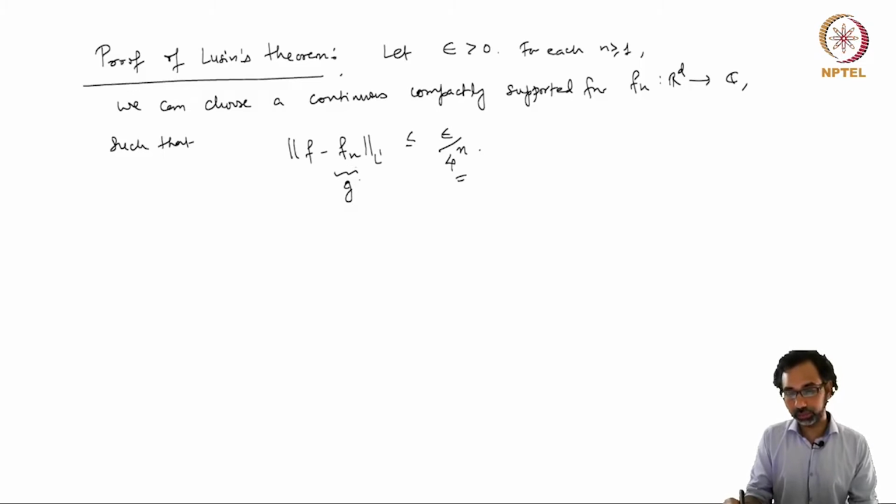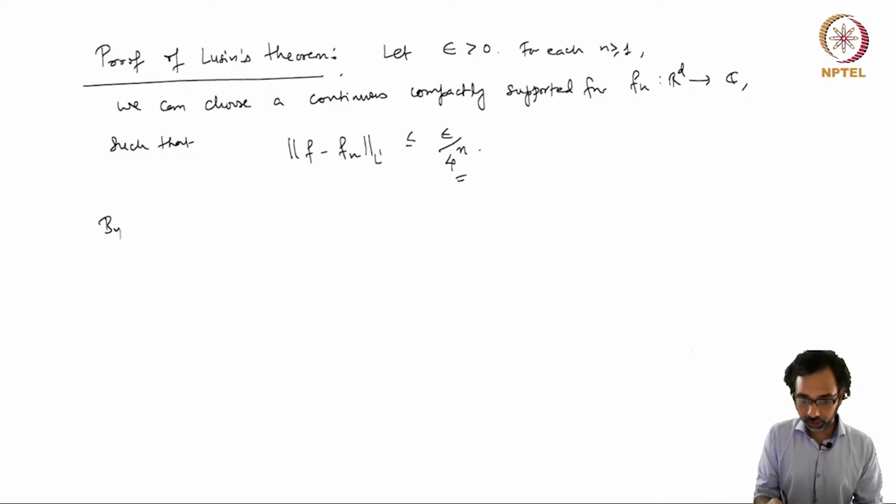Since this g depends on n, we have renamed it as fn, and of course we would like our fn to converge to f, so rather than using g's we are using fn's.